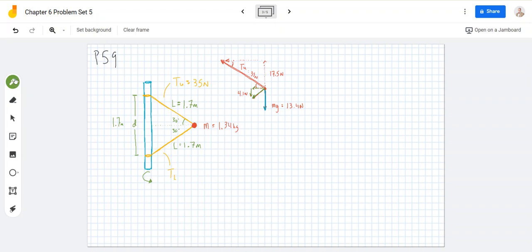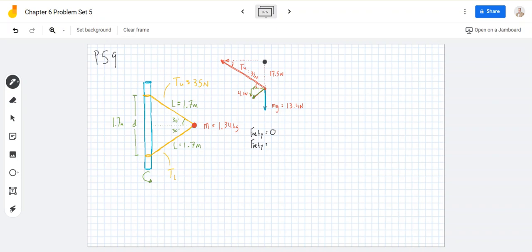Okay, so let's do the F net statement. So let's talk about the F net in the y direction. Well, this object is spinning around the circle, so the F net in the y direction is actually equal to 0, which is good for us. What are the F nets in the y direction?